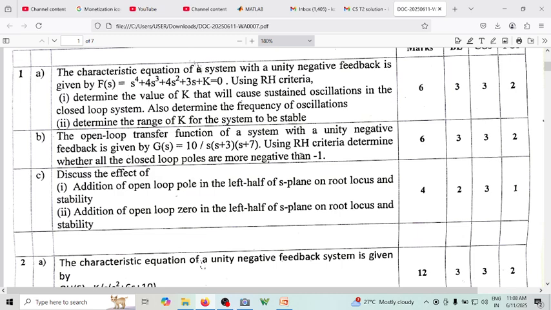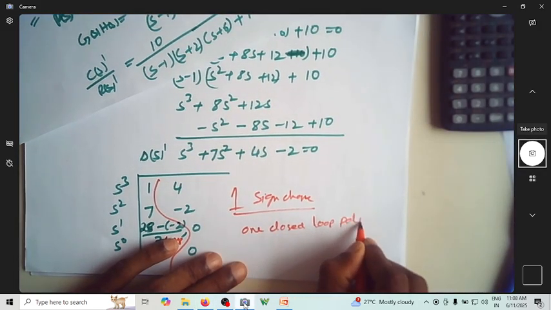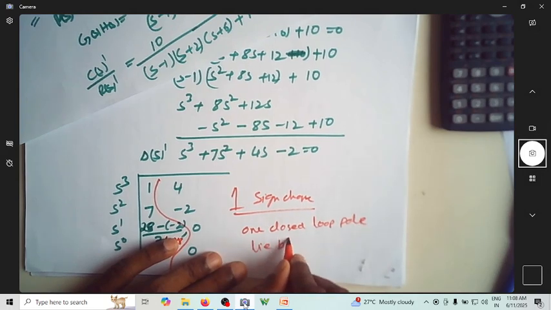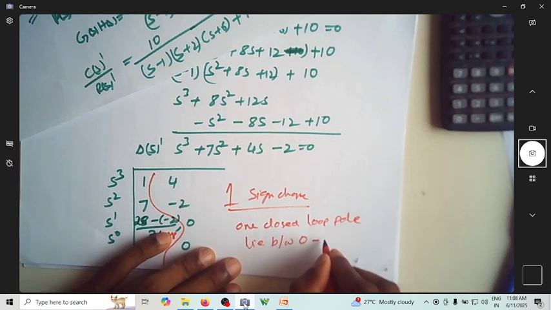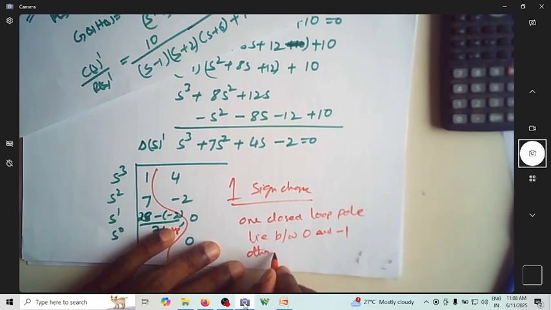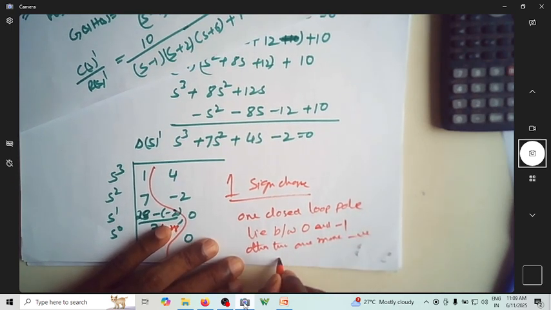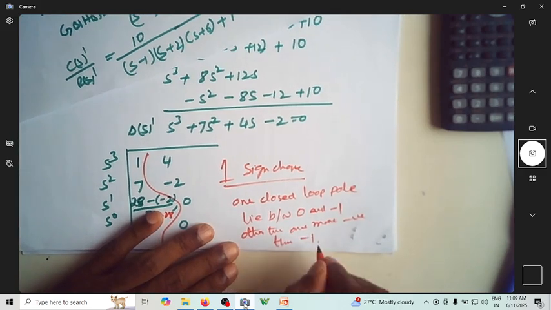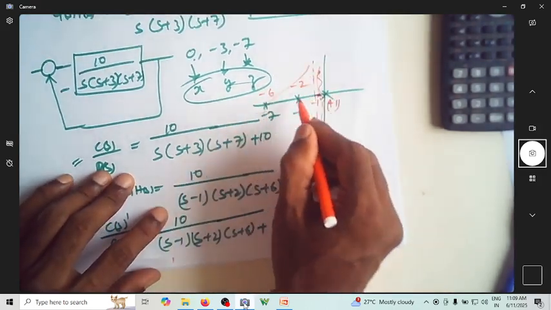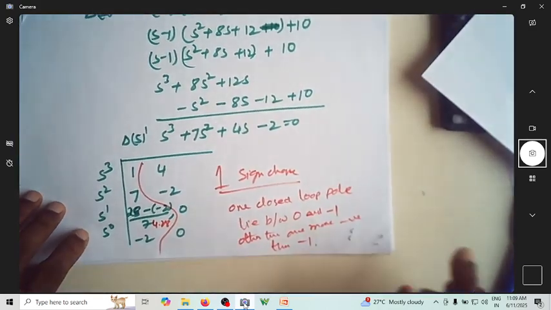No. One closed loop pole lies between 0 and minus 1, and the other two are more negative than minus 1.